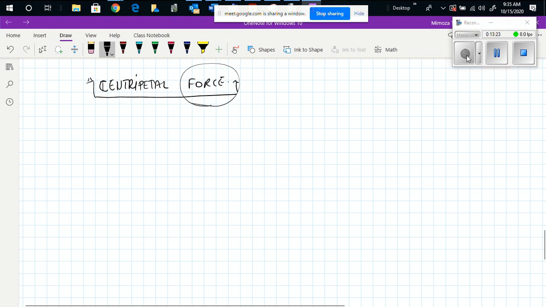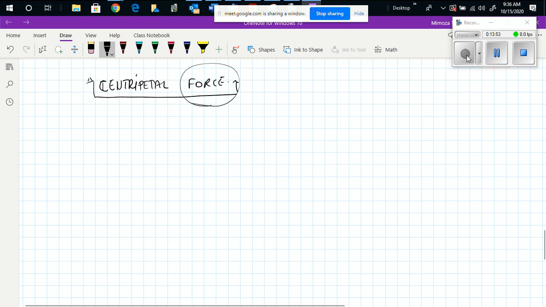When the object is moving in a circle, it steals the identity of the net force. This net force can be a tension of the string, the force of gravity, the universal force of gravity, or a force of friction.